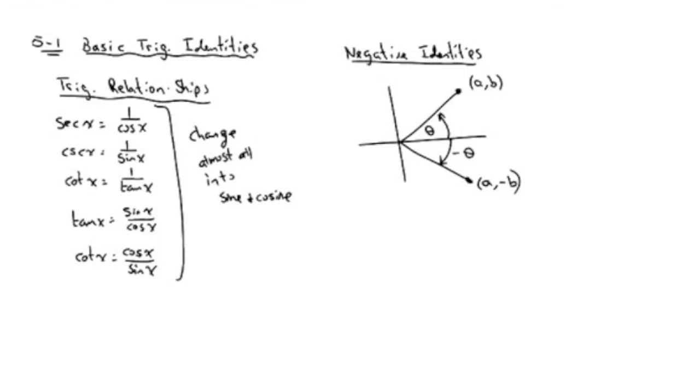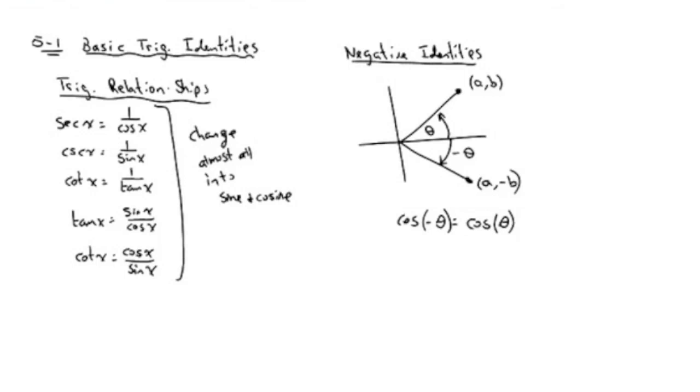For instance, if I do cosine of negative theta, let's put a and b on a unit circle. So cosine of negative theta is the same thing as a here, right? If it's on a unit circle, that's the same thing as a up there. So cosine of a negative angle is the same thing as cosine of the positive angle.